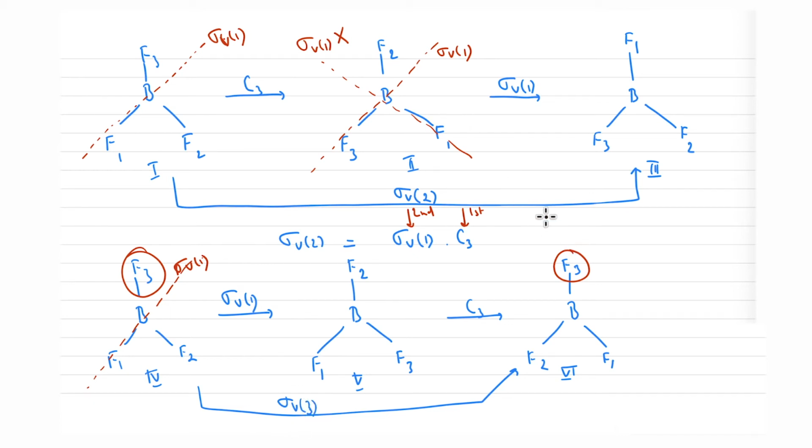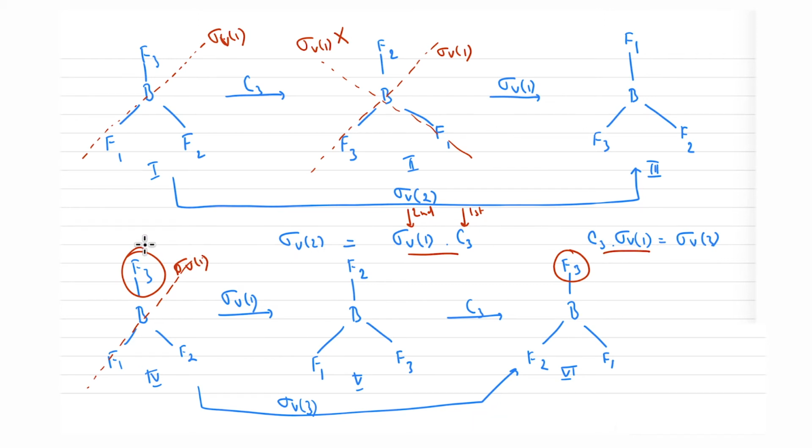So in this case, if we change the order, what do I get? C3 sigma V1 is equal to sigma V3. So you see how this particular product, if I change the order, results in two different symmetry operations.